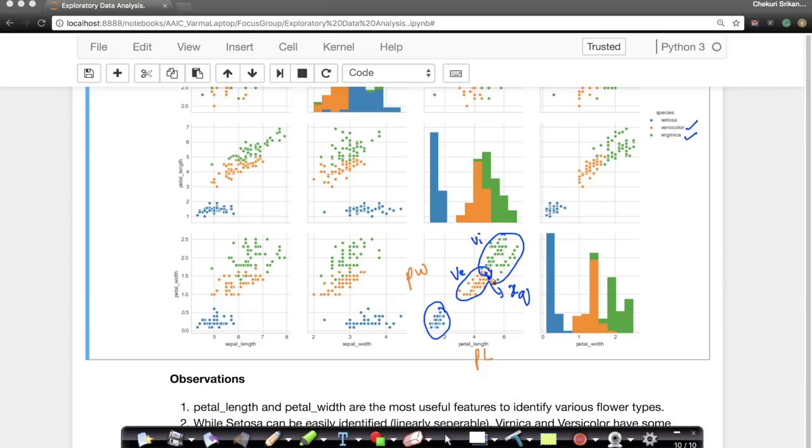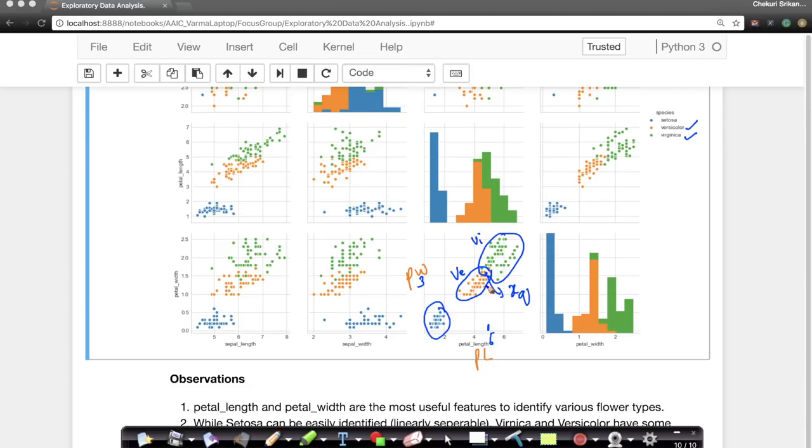This is the query that I'm asking: what is this new flower with petal length equal to 5 and petal width equal to 3? I know for sure it's not setosa, but is it versicolor or virginica?